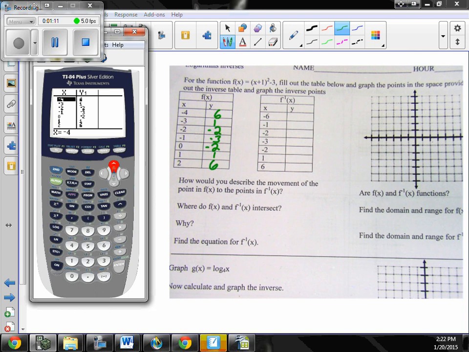So let's graph those points. -4, 6. -3, 1. -2, -2. -1, -3.